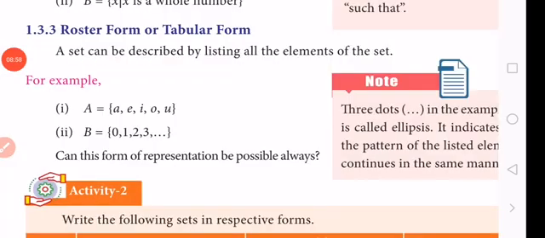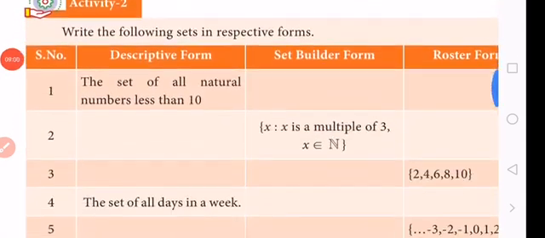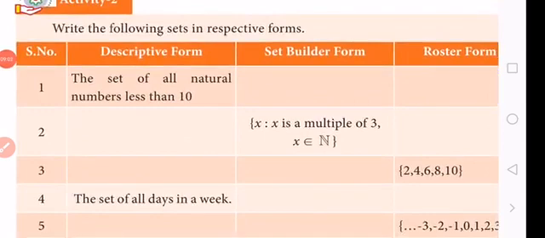Next, some important points in roster form, because in most of the sums we use the roster form or tabular form. In this form, each element of the set must be listed exactly once.